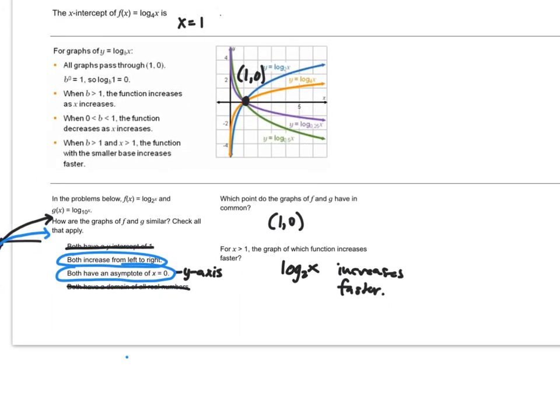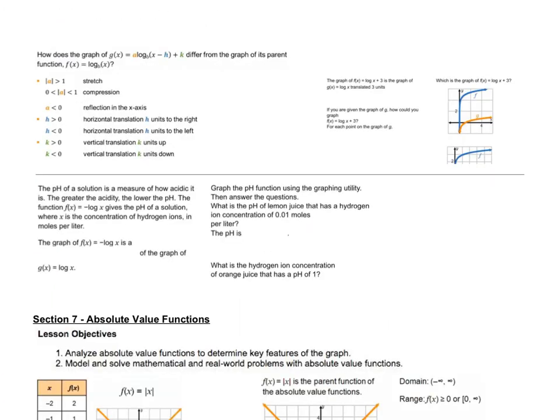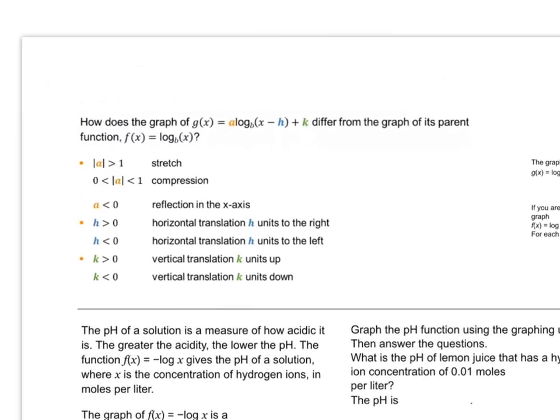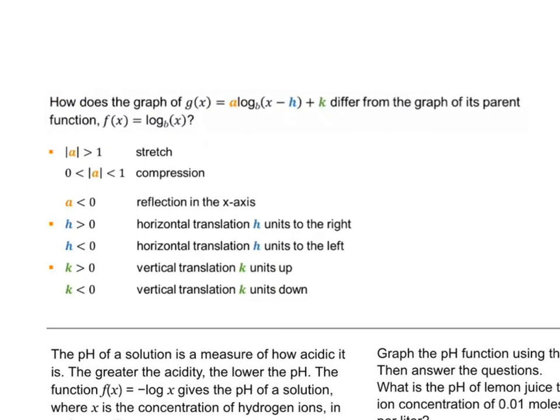Let's see what we got next. All right, let's look at a couple of transformations on this. It says on this one, how does the graph of g of x, where you've got a times log base b of x minus h plus k, differ from the graph of its parent function? What we have is this a, this h, and the k.